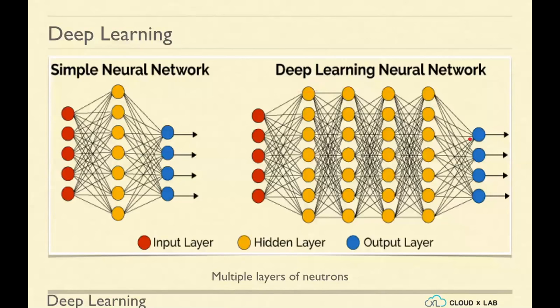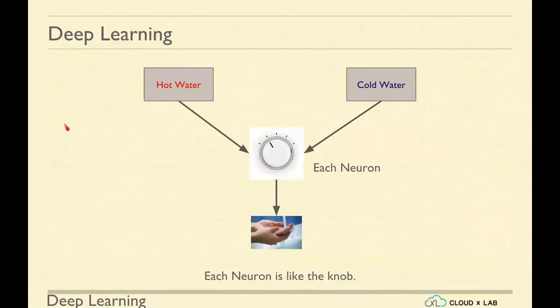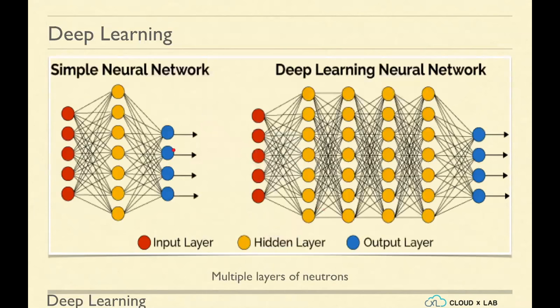A further question is, what are these knobs? Let me explain again. Each neuron is like a knob that you tweak in order to get the best water temperature. And when we say best, it is best for you. In the same way, if we have many inputs coming in, we'll put so many knobs and tweak all of them to achieve the right temperature.